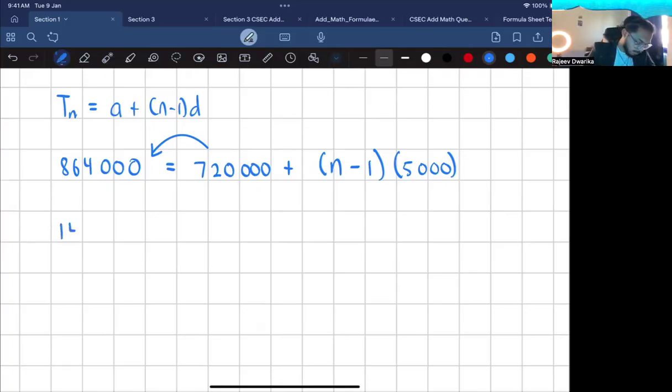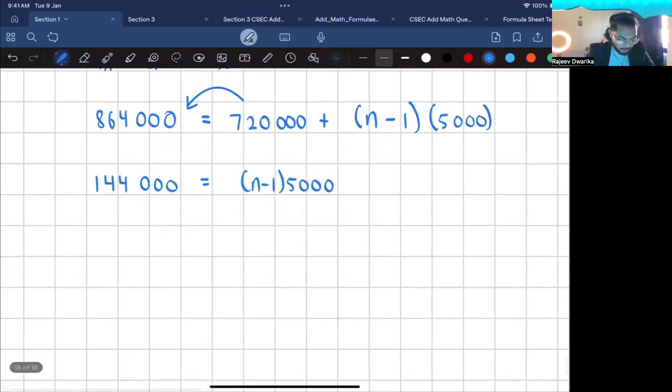144,000. Right? And that will be equal to n minus 1 times 5,000. But you think we could leave it like this? No. What do you think we should do?